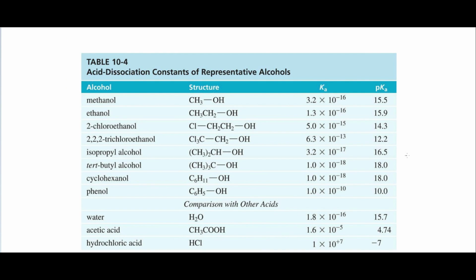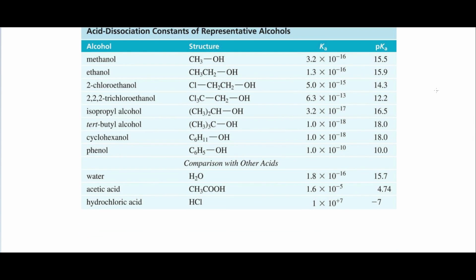All right, then we can look at the acid dissociation constants of some alcohols. I've talked about or mentioned this in previous videos. So things like methanol and ethanol have a pKa of about 15.5 to about 15.9. And so those are fairly weak acids.